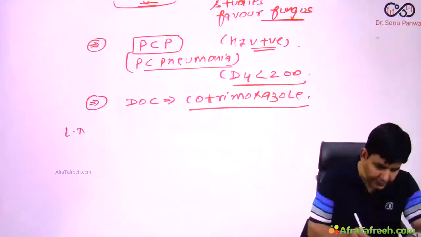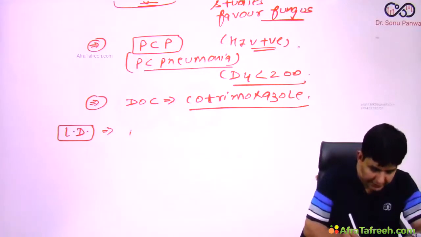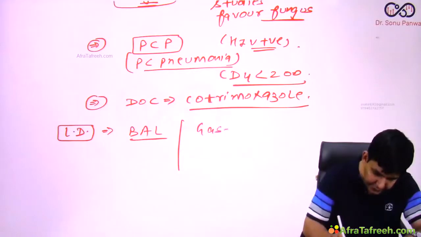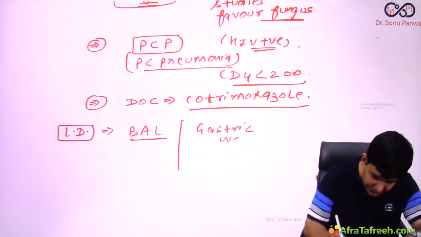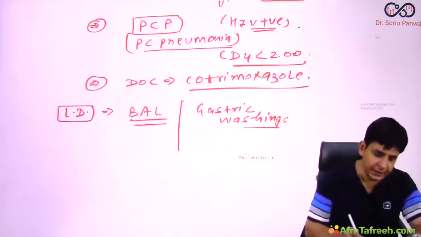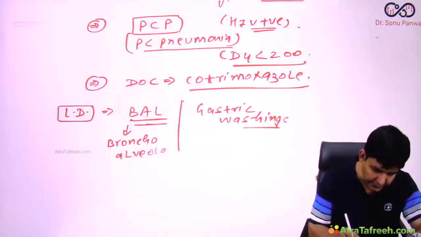Another important aspect is the lab diagnosis. In the lab diagnosis, you go for BAL or gastric washings. Two things you go for. BAL is broncho-alveolar lavage fluid.